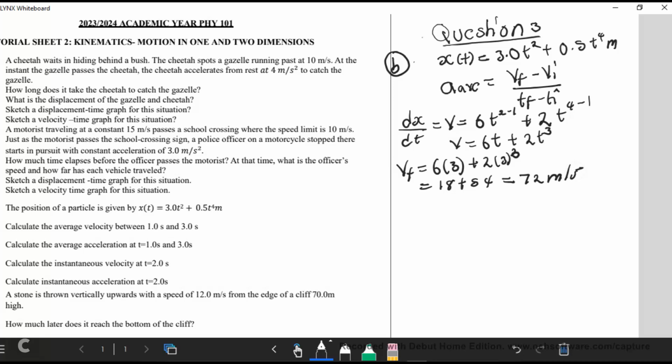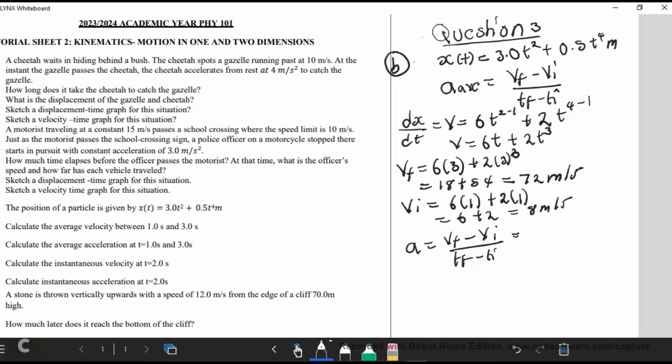Then that's the final. Now how about the initial velocity? The initial velocity will be 6, then you put 1, plus 2, then 1 cubed, such that it will be 6 plus 2, you end up with 8 meters per second. Then you come to our formula, average acceleration, which is the change in velocity over change in time.